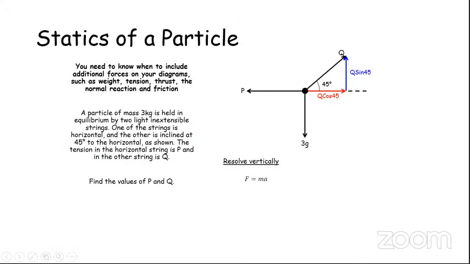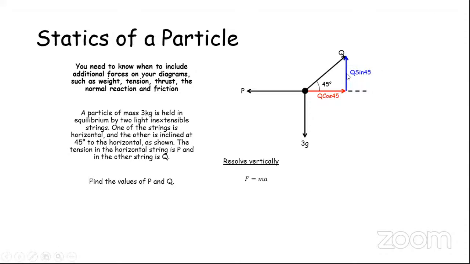So this is part of what we covered last week in the statics of a particle, where we are looking at particles that are not in motion, that are stationary.